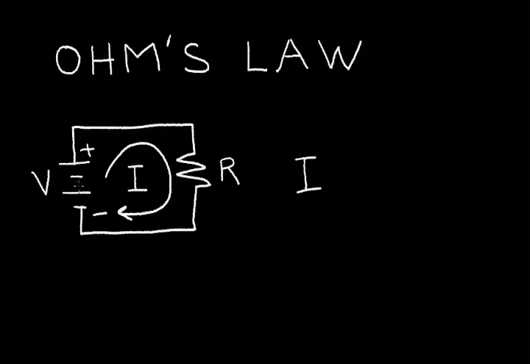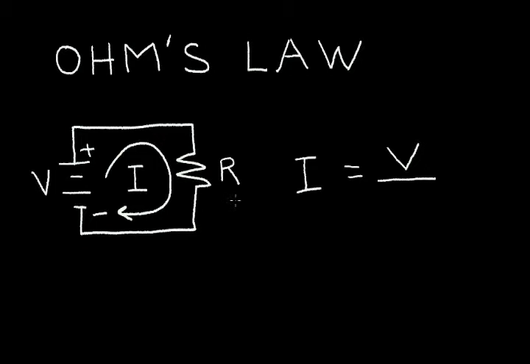As that pressure increases, I have more water flow in the hose. So as voltage increases in this circuit, I have more current flowing. So there's a direct relation between current and voltage. So voltage goes in the numerator, which means as voltage increases, current also increases.